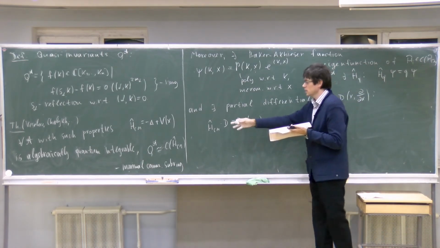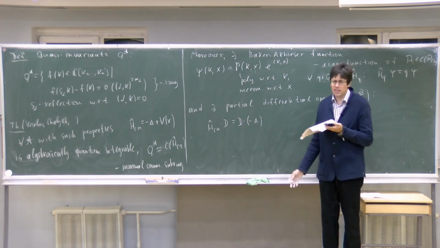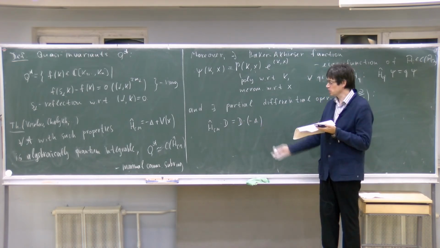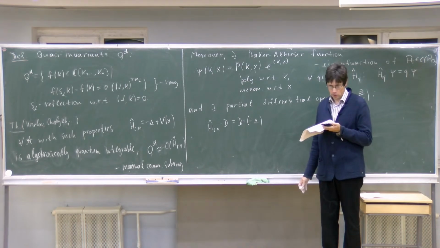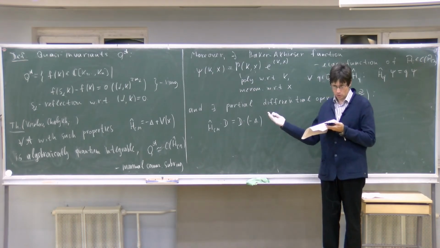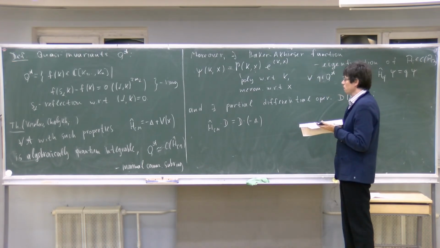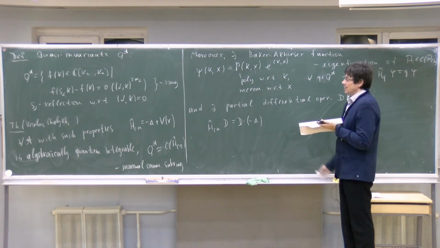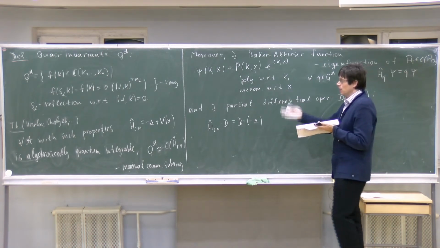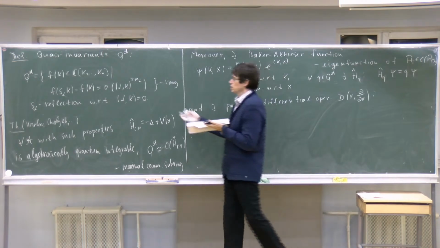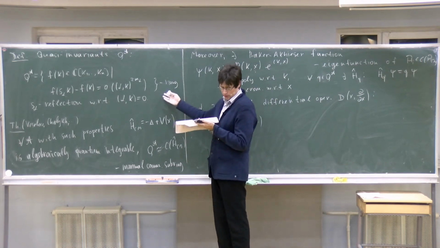It's a centralizer. That's a maximal commutative subring in the ring of differential operators that contains this Hamiltonian. This is the statement. Analogous statements exist also in the trigonometric case and in the elliptic case.